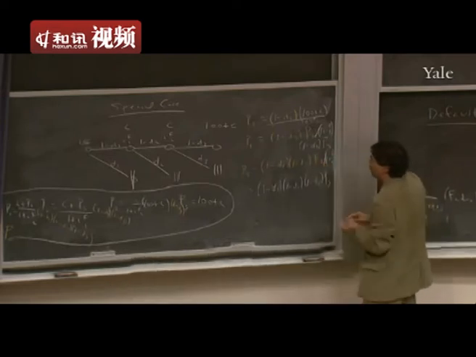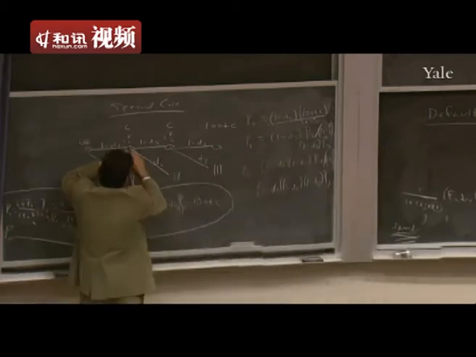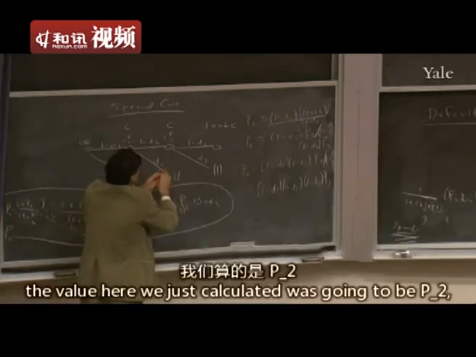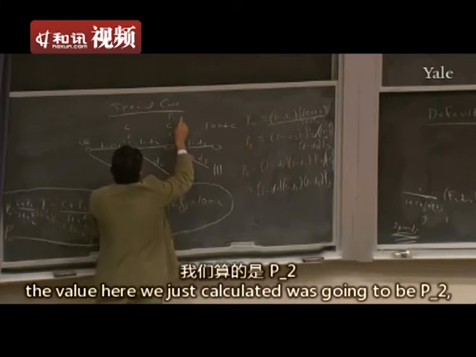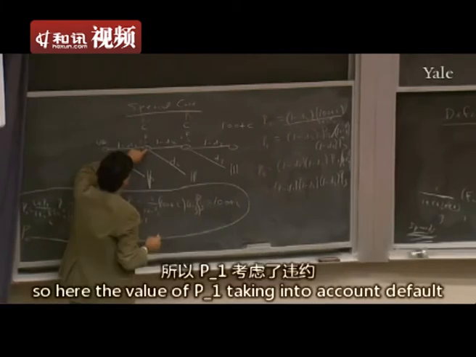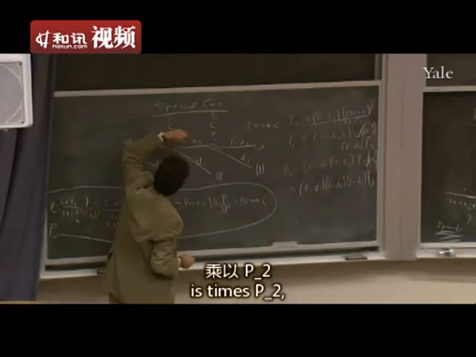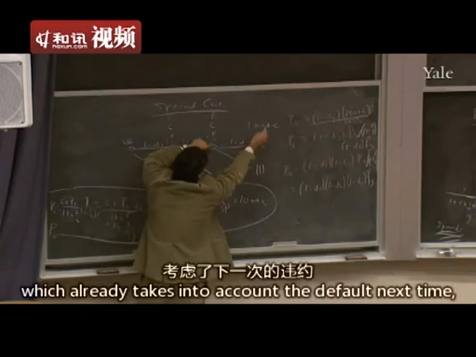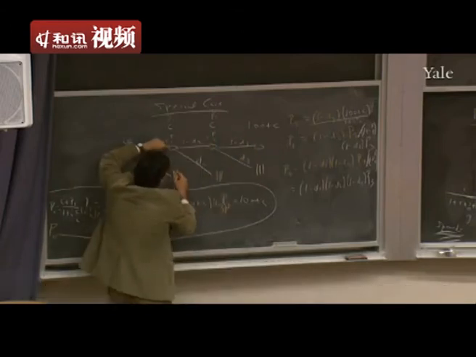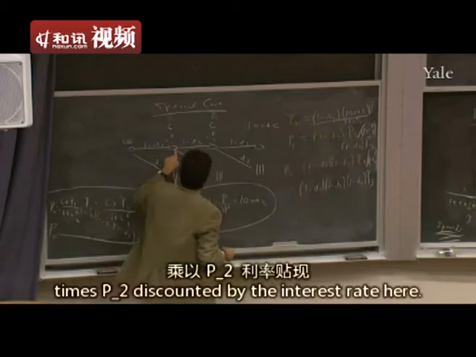When we go from here, the value we just calculated was going to be P2, okay? So here, the value P1, taking into account default, is 1 minus D2 times P2, which already takes into account the default next time, times P2 discounted by the interest rate here.